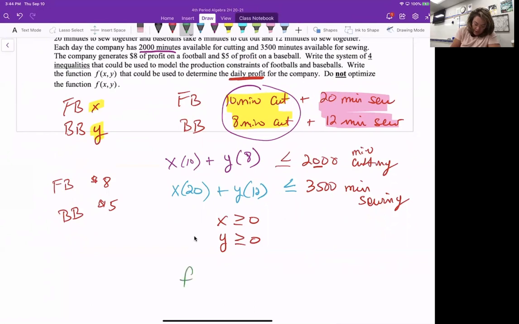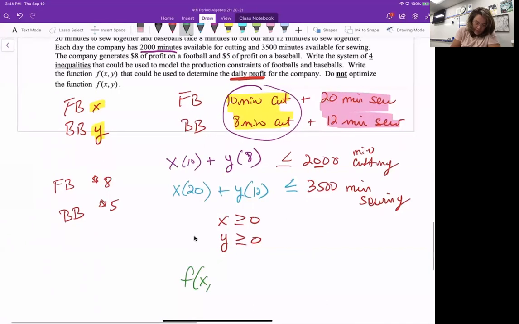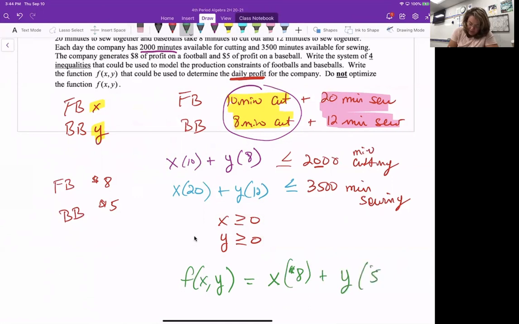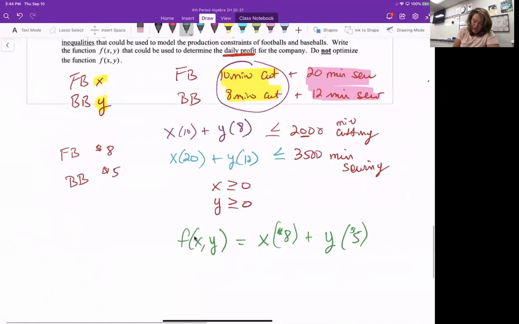So the function f of x and y that I want to optimize is equal to the number of footballs times its profit, $8, plus the number of baseballs times its profit, $5. That's the function I would optimize using the linear optimization approach we've learned about.